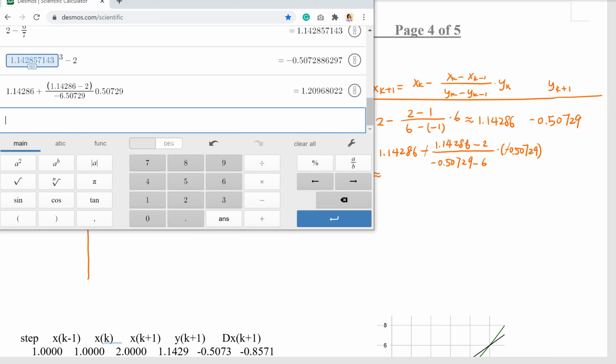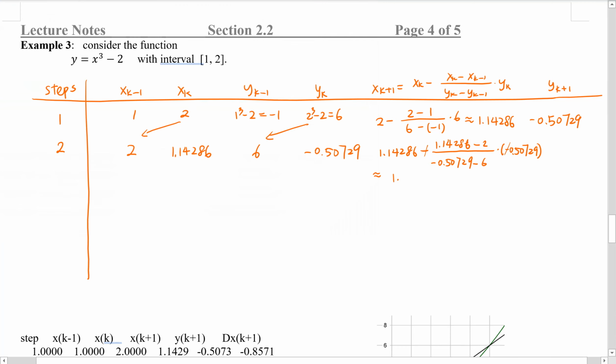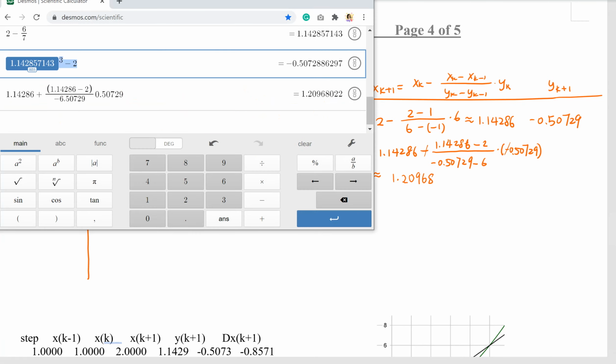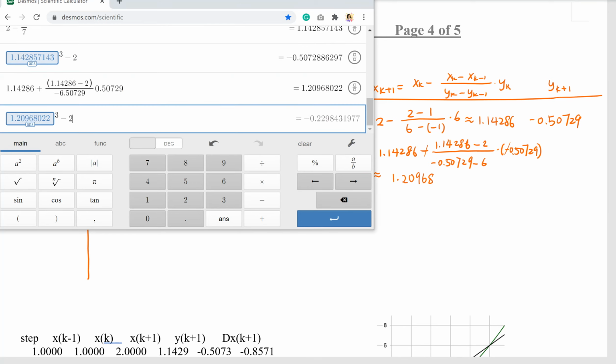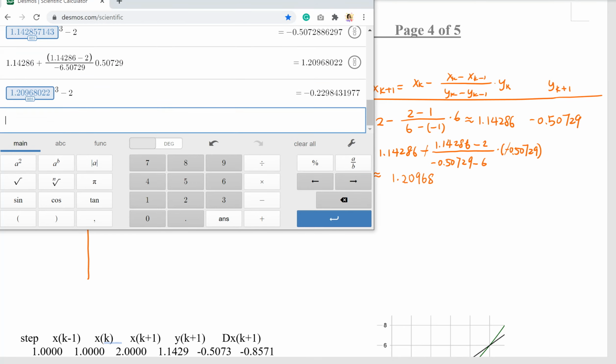So the answer is 1.20968. Then yk plus 1 is this number cubed minus 2. So copy and paste here. Negative 0.22984.